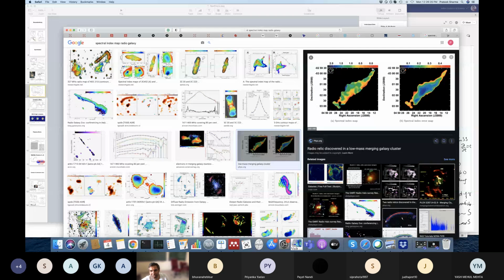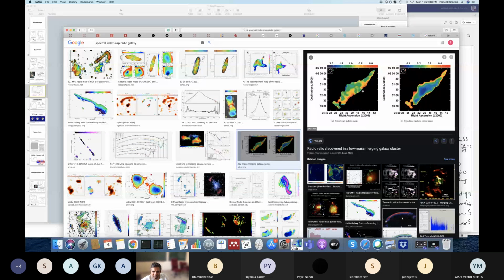So you see wherever this is red, you have a shallow spectrum of radio emitting plasma, and wherever this is blue or green, this is a steep spectrum. So you can actually see that there is a gradient from red to blue as you move from this side to this side of this radio emitting plasma.